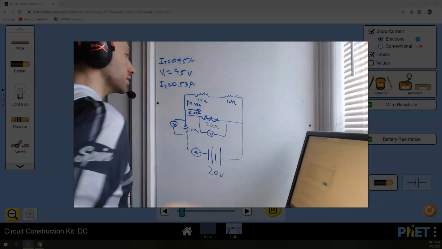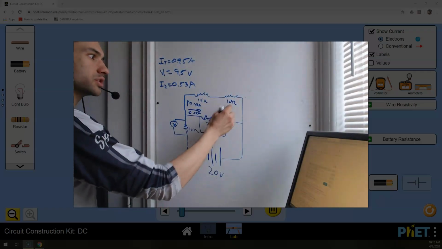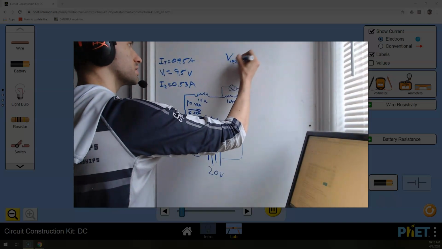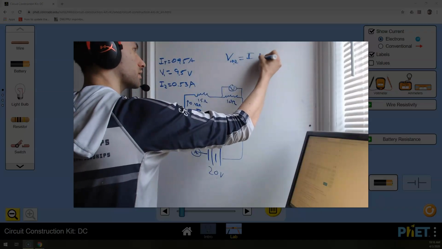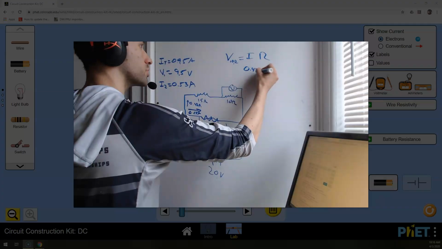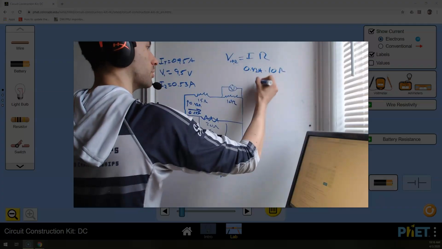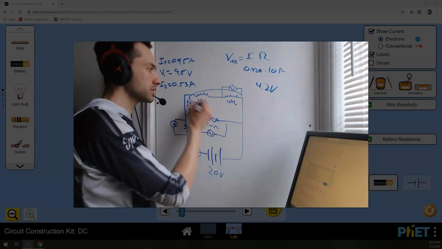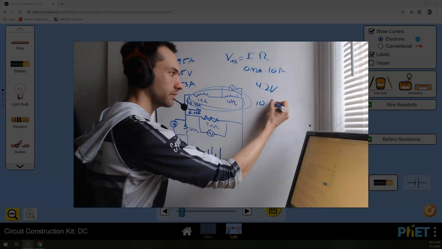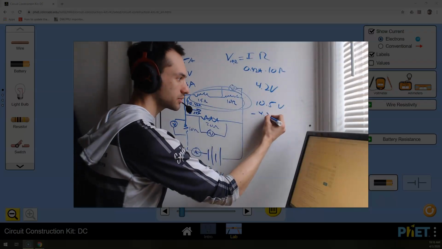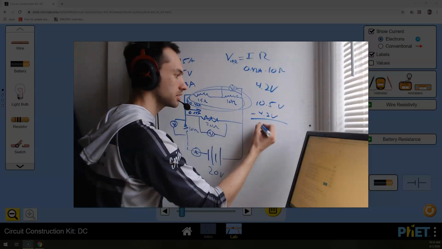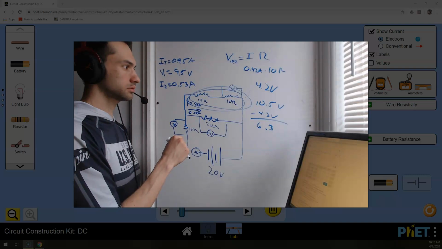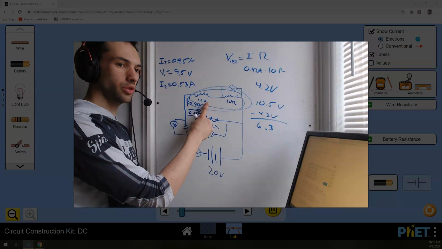Now that I know the current, I could find the individual voltages. For instance, let's find the voltage on this 10 ohm resistor. The voltage on the 10 ohm resistor would be I through it times its R. The I through it is 0.42 amps. Its resistance is 10 ohms, so this would get 4.2 volts. If this gets 4.2 volts, and remember, this whole thing right here should be getting 10.5 volts, then 10.5 minus 4.2 volts is 6.3 volts.